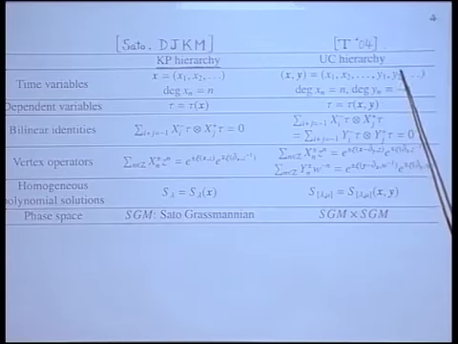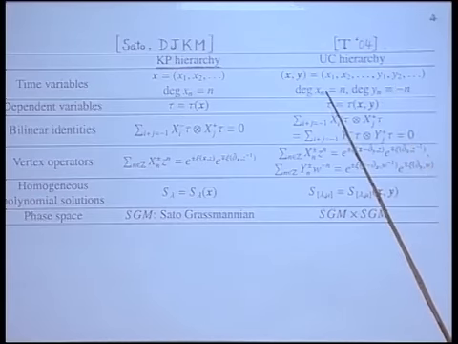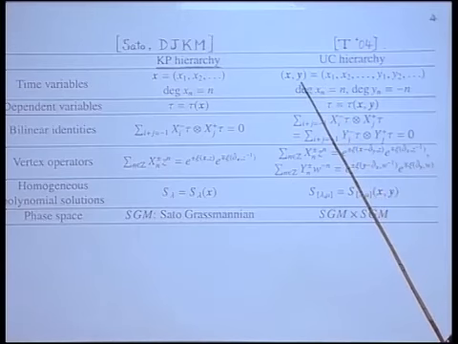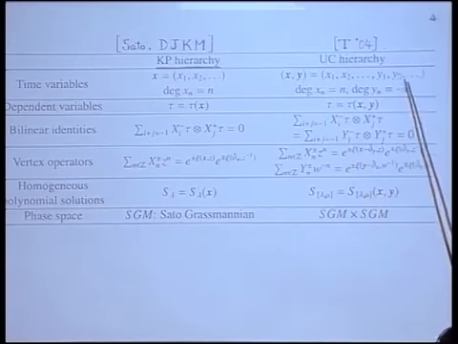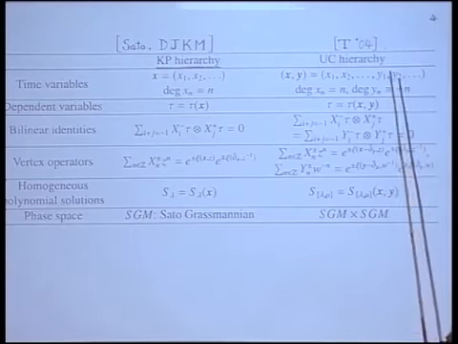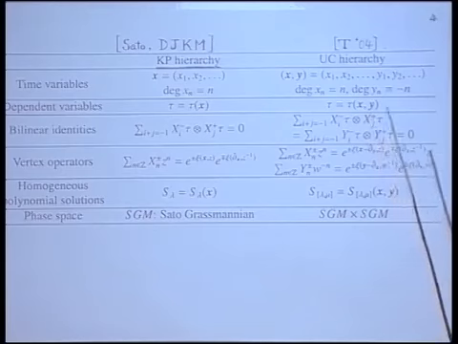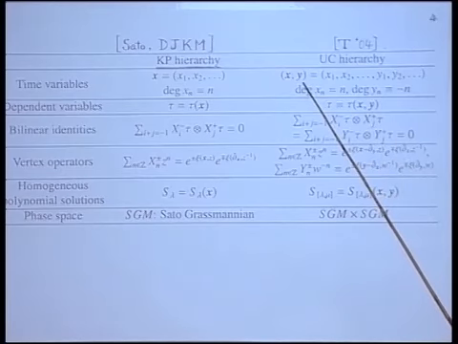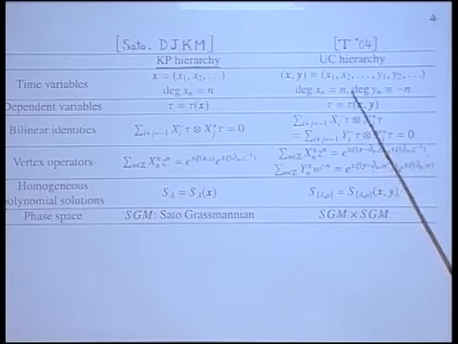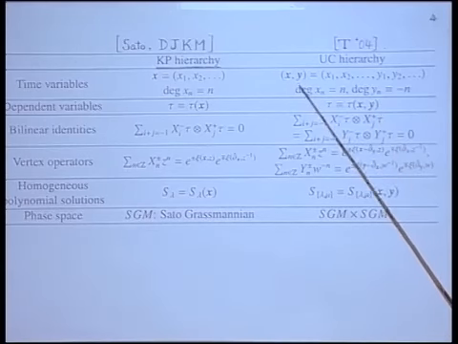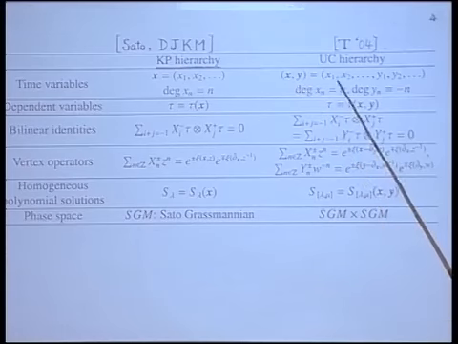In this hierarchy, we need one more set of infinitely many time variables, written as y. I mean, the time variables of the UC hierarchy are x1, x2, and so on, and y1, y2, and so on.